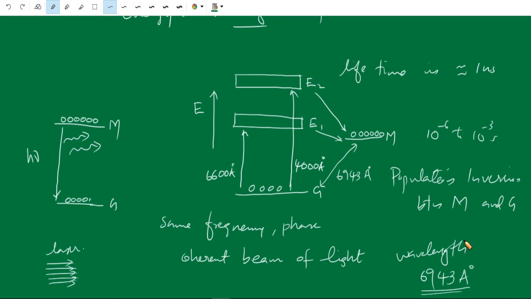Now the population inversion occurs between the metastable state M and the ground level G, which corresponds to a wavelength of 694.3 nanometer. So this is about the ruby laser. We will discuss the helium neon laser in the next class.